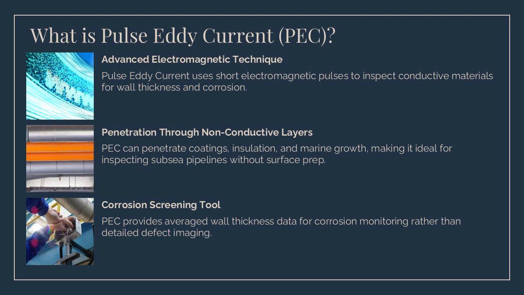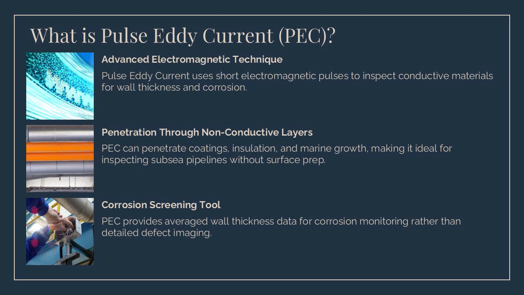A key characteristic of PEC is its ability to penetrate non-conductive and non-magnetic layers such as coatings, insulation, concrete, seawater, and marine growth. This makes PEC particularly suitable for subsea pipelines where surface preparation is impractical. From a speaker standpoint, it is important to clarify that PEC does not produce a visual image of defects.